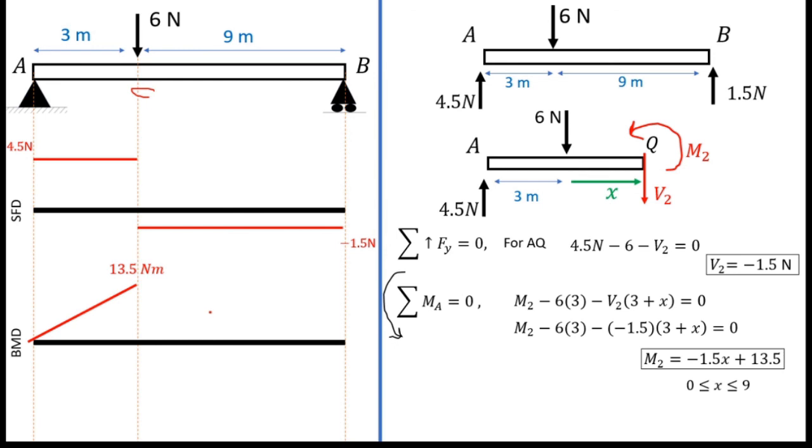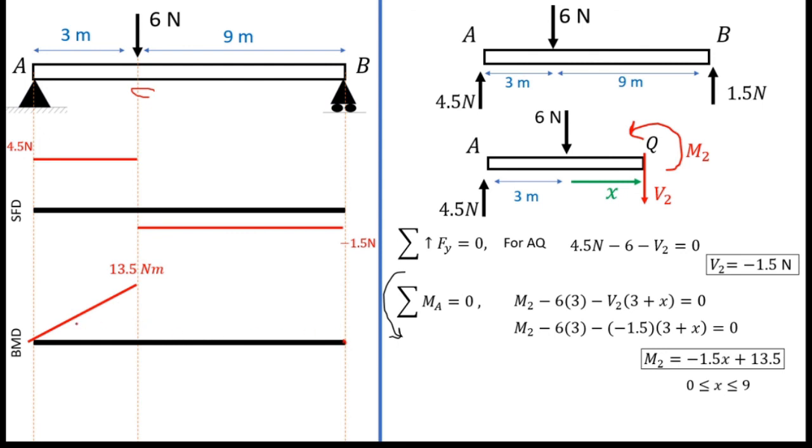For that I have to know the starting point and ending point. You can see there are no moments at A and B, therefore the bending moment diagram of this beam starts from 0 and ends at 0. Therefore now you know this graph ends at this point.